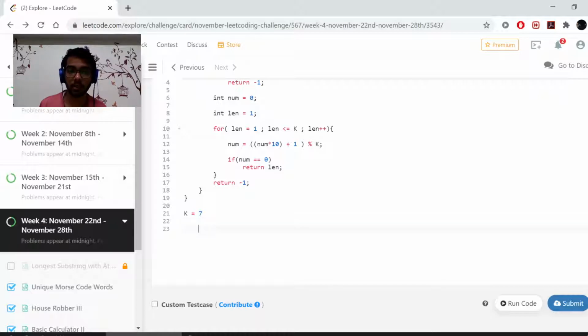Firstly our number is 0. What we need to do is add 1 to it and then check if its modulus with k is 0 or not. So we add 1 to it and it becomes 1. Modulus 7 gives us 1 itself, it is not 0. Then do the same with 11. Modulus 7 will give us 4.